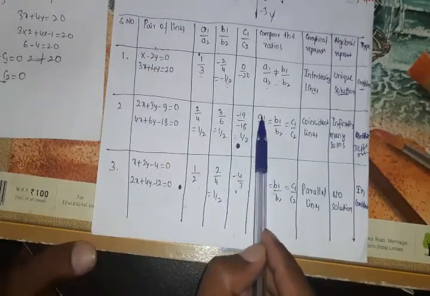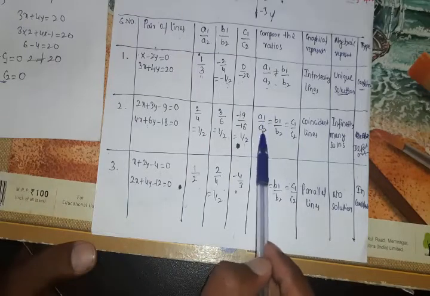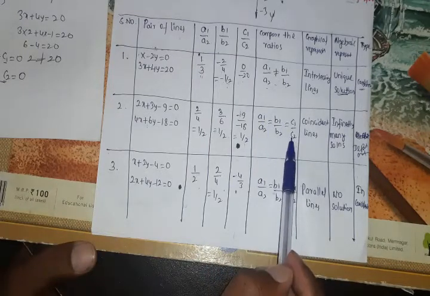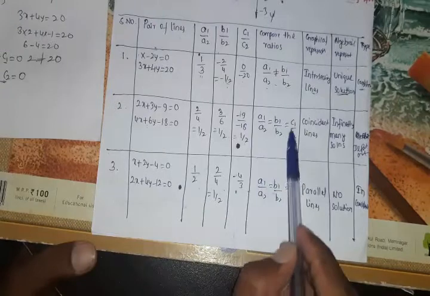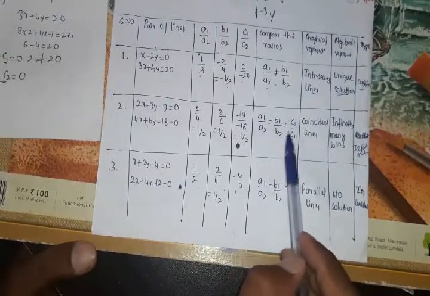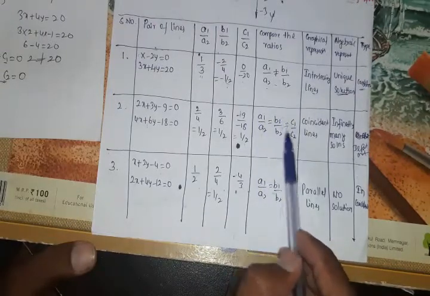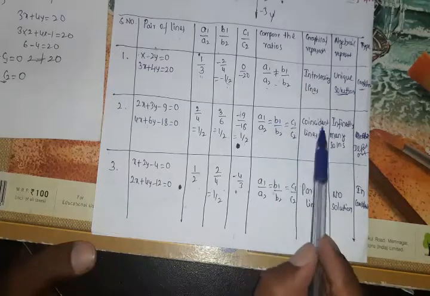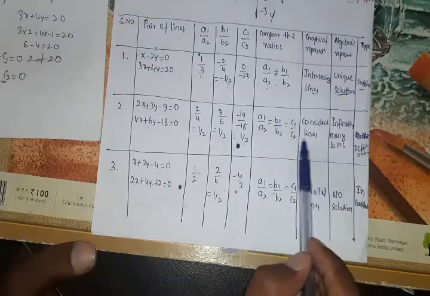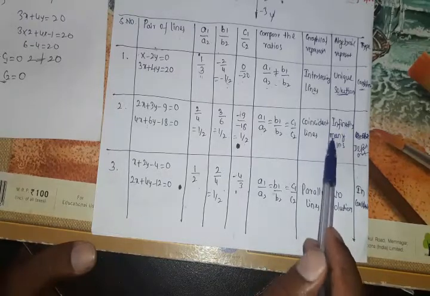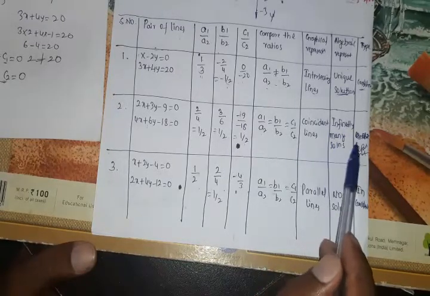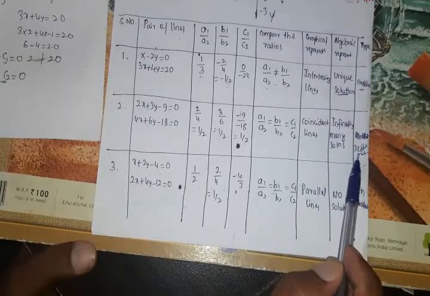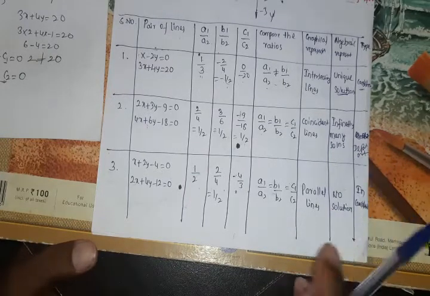Here you can see the ratios a1 by a2, b1 by b2, c1 by c2 are equal. So when this condition comes, in graphical representation we get coincident lines, two lines will coincide, and we get an infinite number of solutions, and we call such equations a dependent pair of linear equations.